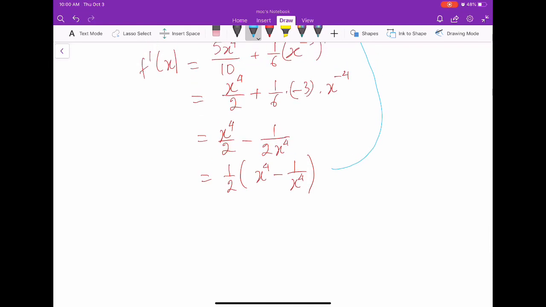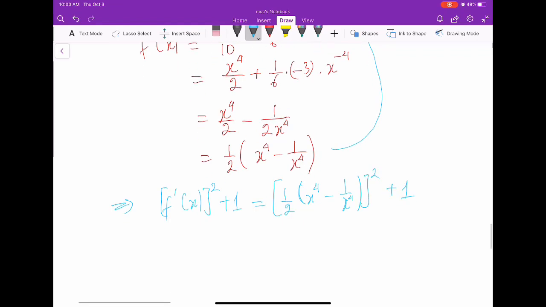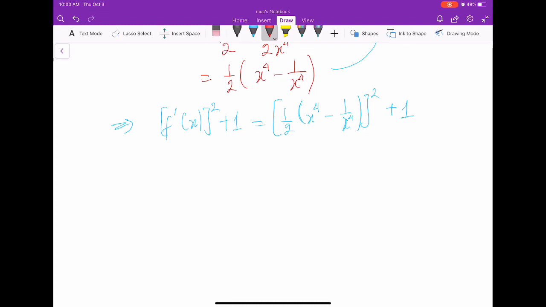So from here I get f prime of x squared plus 1, the function inside the square root, equal to 1/2 x to the 4 minus 1 over x to the 4, all squared, plus 1. Here we need to use the formula (a plus or minus b) squared equals a squared plus or minus 2ab plus b squared.